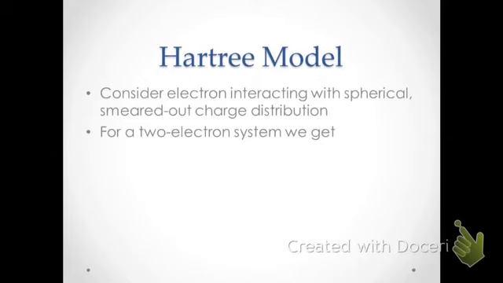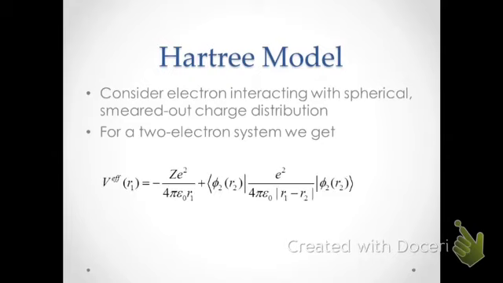And in this method, for a two-electron system, we would write an effective potential for electron 1 according to this equation here, where the first term represents attraction between the electron and the nucleus.